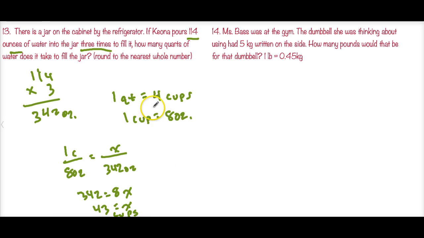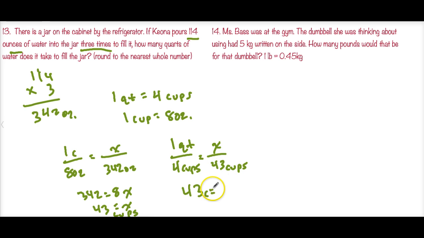Okay, so now I'm going to come back up here and I'm going to convert this. So I know that 1 quart is equal to 4 cups. And I know that I've got 43 cups. So when I cross multiply, x is going to equal, let me get my calculator.